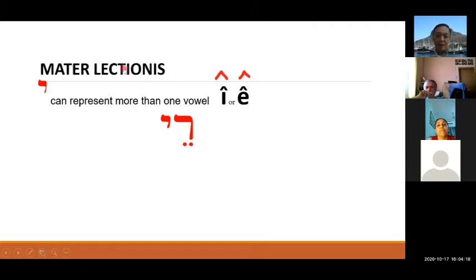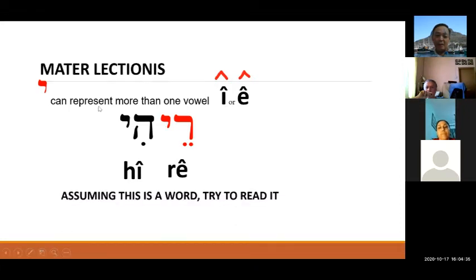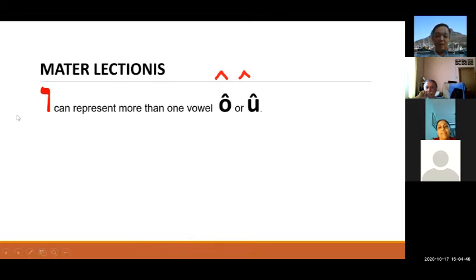Then you have another one, hey with a yod here, pronounced he, with an arrowhead. So that is he re. Now you read it as rehi.